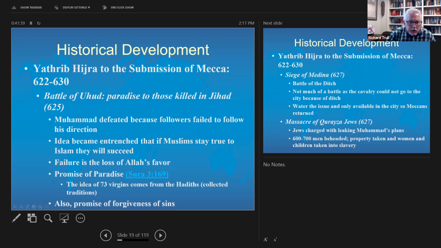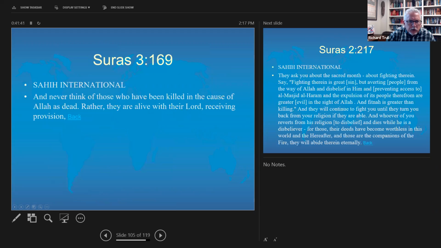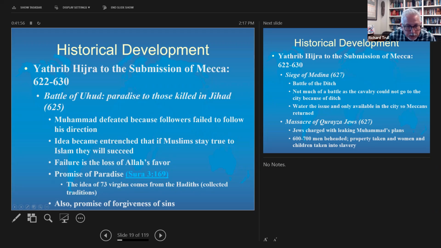But if you just look at Surah 3:169 here, never think of those who have been killed in the cause of Allah as dead, rather they are alive with the Lord receiving provision. It goes on, but basically it's just saying they're in paradise or heaven with God.